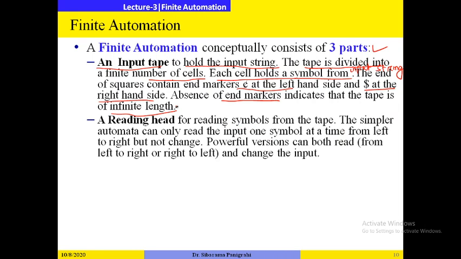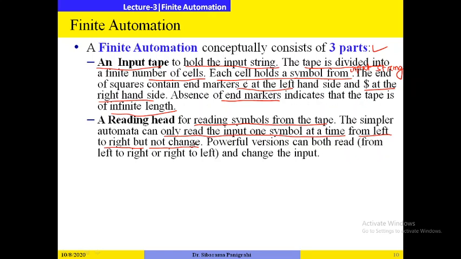The next symbol is the reading head. The reading head is used for reading the symbols from the tape. The simpler automata can only read the input one symbol at a time from left to right, but it cannot change the symbols. It can only read. That's why the name is reading head.